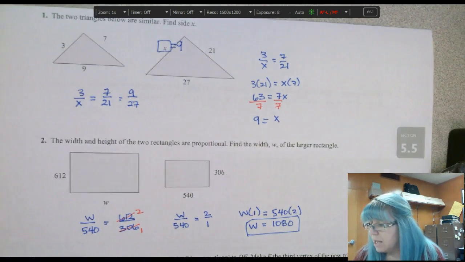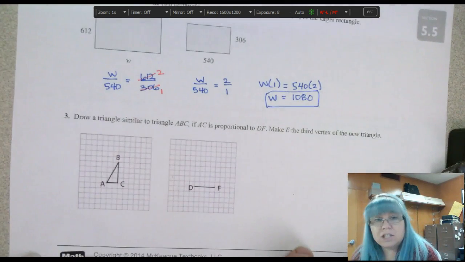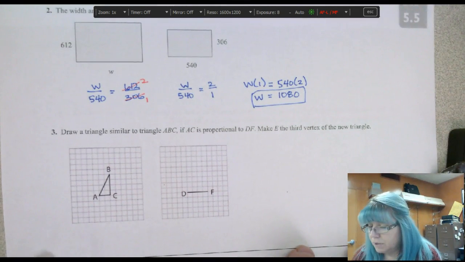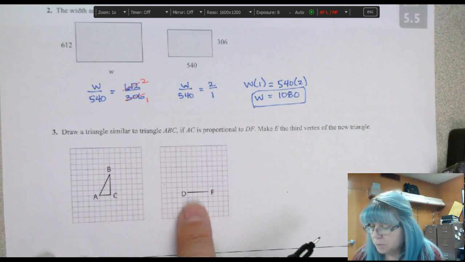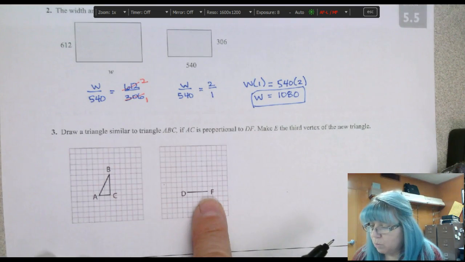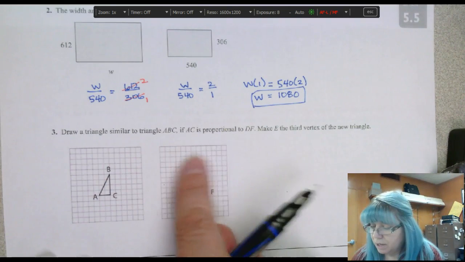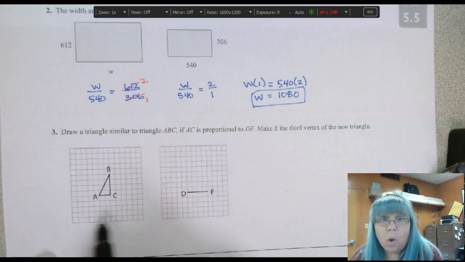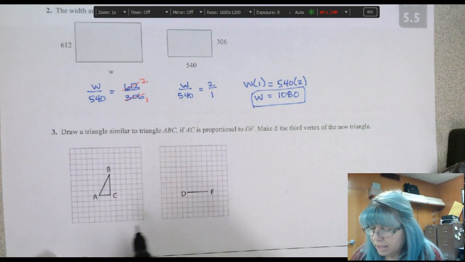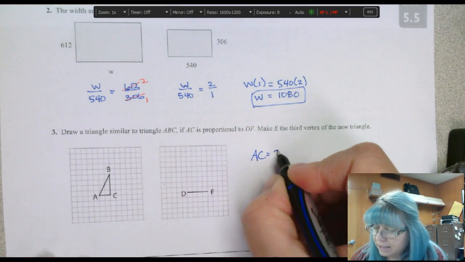Okay. Now, let's do something a little bit different. Let's draw a triangle similar to triangle ABC. If AC is proportional to DF, we want to make E some point up here, because it's got to look the same and hold the same proportion. Okay, so let's check it out. The length of AC is 2.